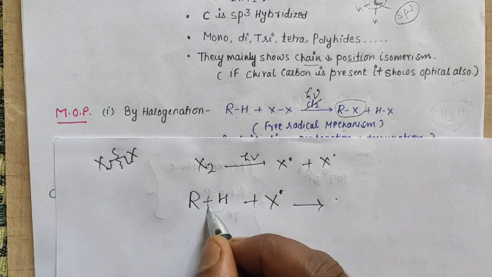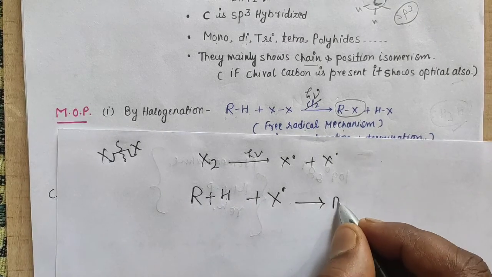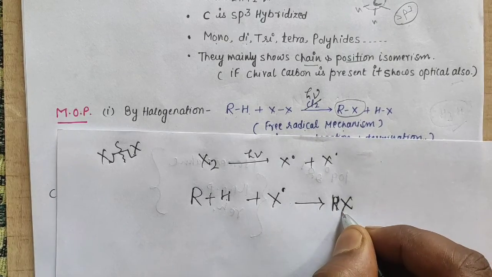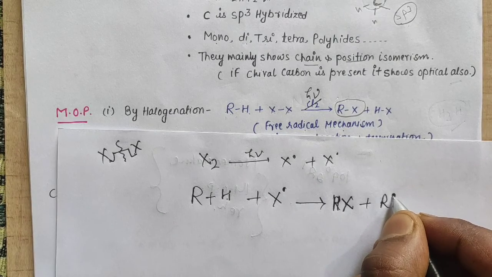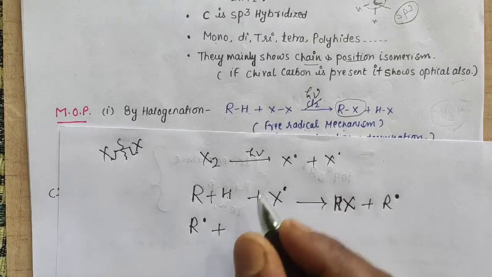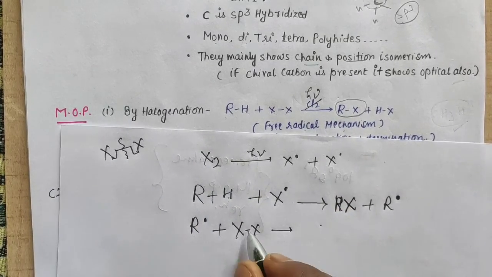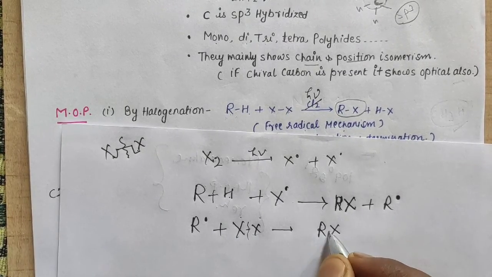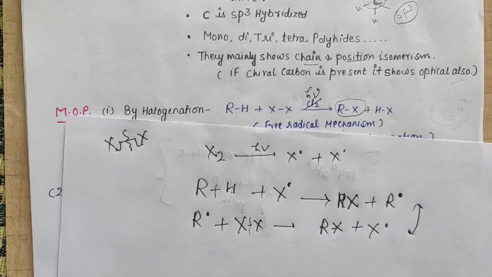Similarly, this R free radical will again react with X2, X and X. Now this bond will break and a free radical will be generated, so this will form RX plus X free radical.